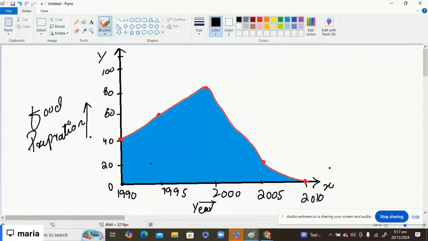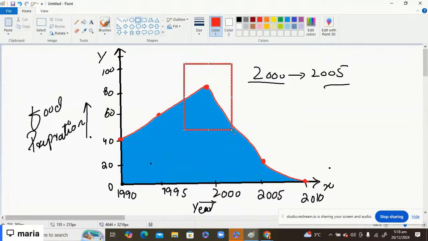Check it out. If they are saying find the rate of the food preparation between 2000 and 2005, what is the rate of this? Where is 2000? It's here. And where is 2005? It's on this one. So we are only interested in that area.